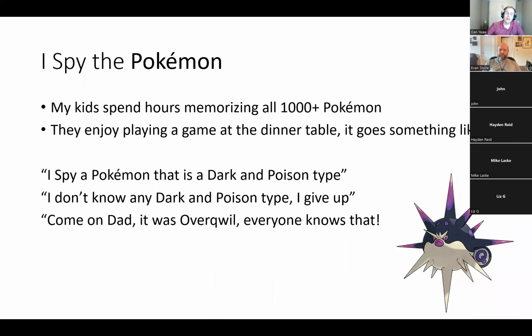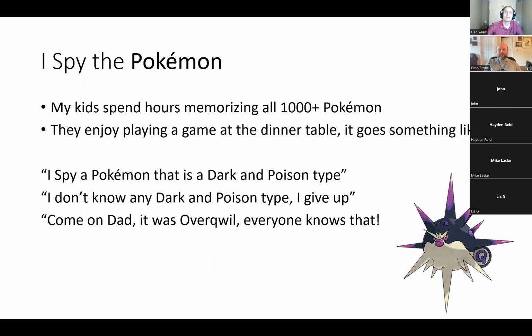So I have two kids, and they're a lot of fun. My kids love Pokemon. I didn't really grow up with Pokemon too much, but my kids are obsessed with it. So they spend hours memorizing all 1,000+ Pokemon. They have these Pokédex books, and they sit and memorize what the Pokemon are.